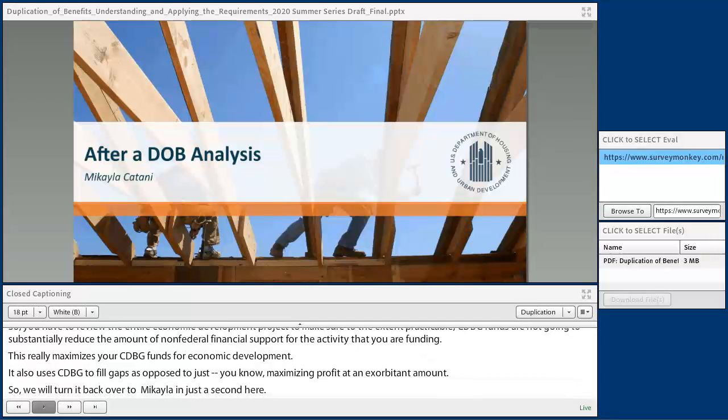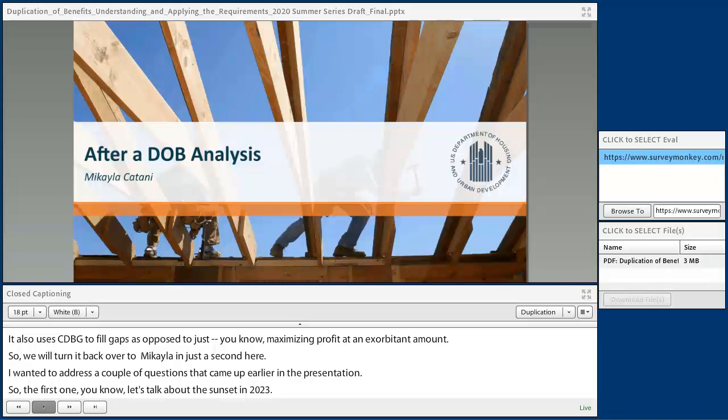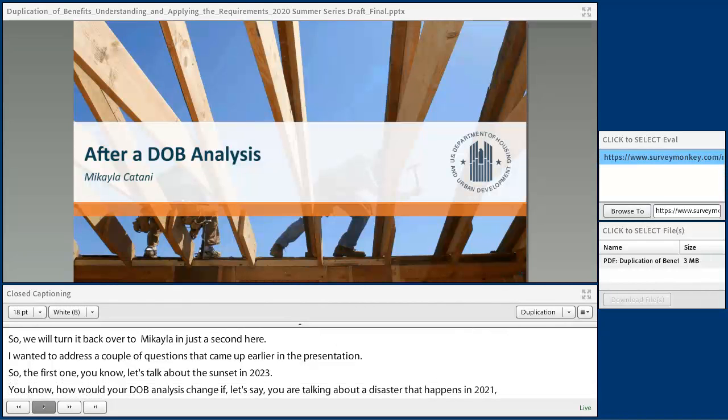How would your DOB analysis change if, let's say, you're talking about a disaster that happens in 2021, the last year that is a DRRA qualifying disaster, but your DOB analysis is happening in 2023? I just want to point out that there is an absolute sunset of the entire DRRA amendment to the Stafford Act that happens in 2023.